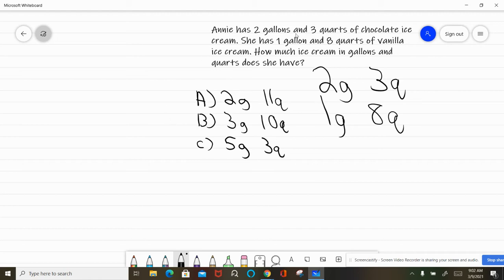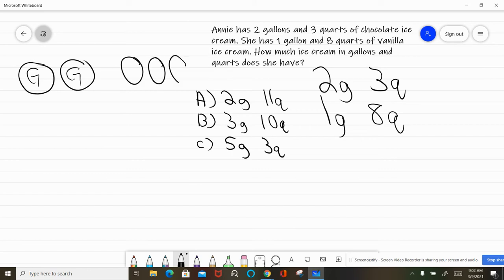So she has 2 gallons and 3 quarts of chocolate ice cream, so I'm going to draw 2 gallons and 3 quarts. 1, 2, 3. Okay, so this represents her chocolate ice cream because she has 2 gallons and 3 quarts. Then she has 1 gallon and 8 quarts of vanilla.